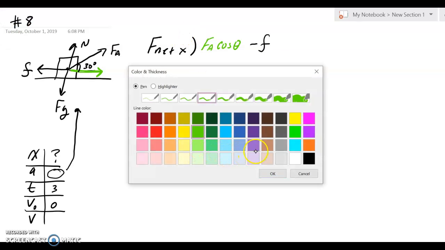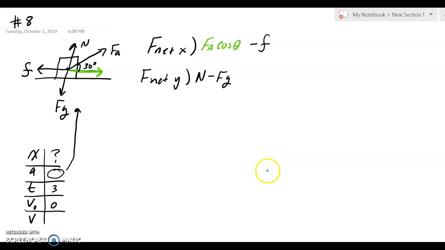And there's some of it that goes here, and that's going to be FA sine of theta. It's in the same direction as the normal force. They called the normal force positive, so that's positive.